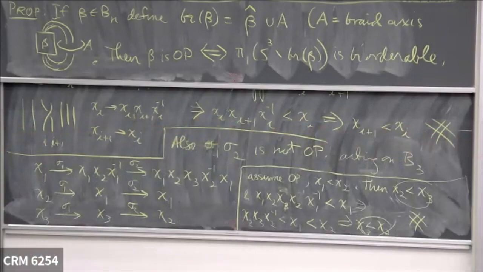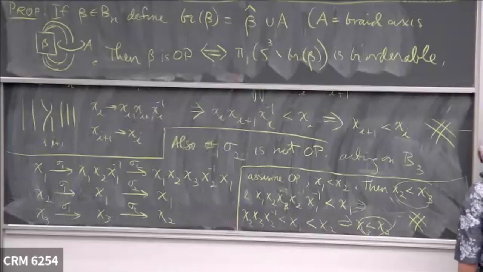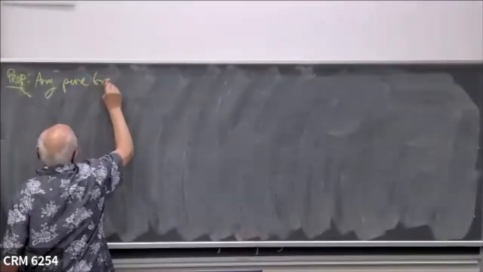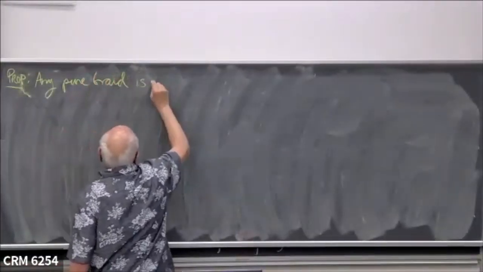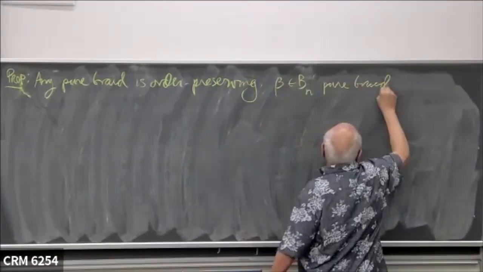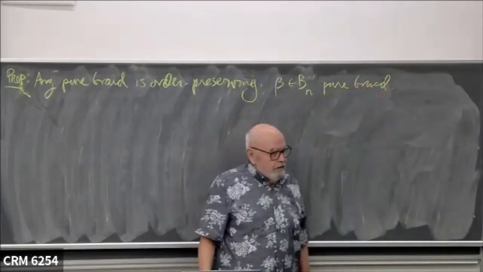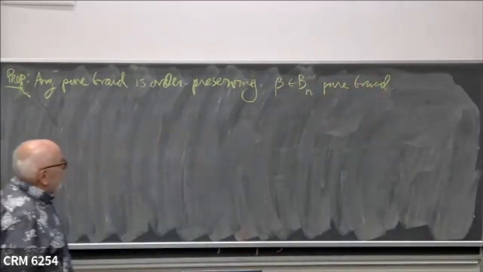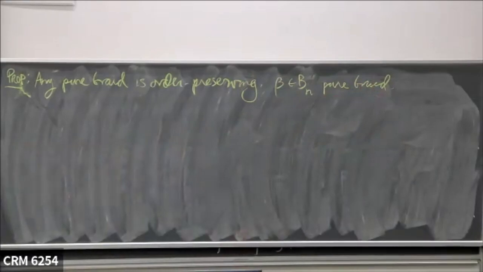Now let's see if I can convince you that sigma 1 squared is order preserving. Well, let me first remark a proposition: a pure braid is order preserving. A pure braid is one for which the associated permutation is the identity.